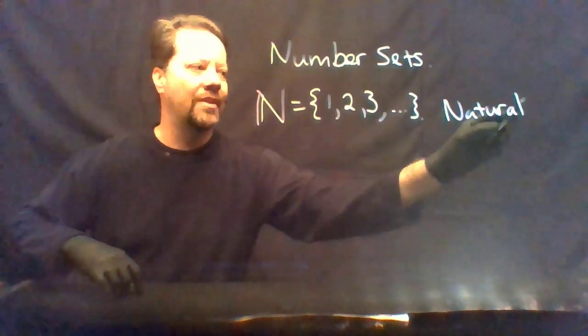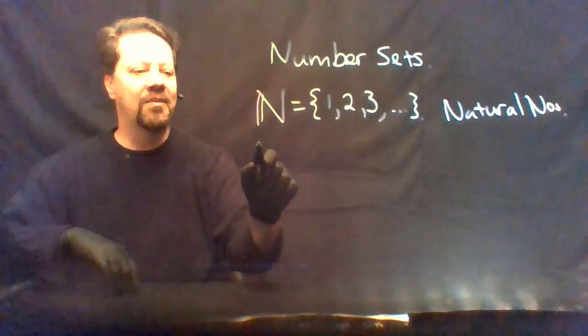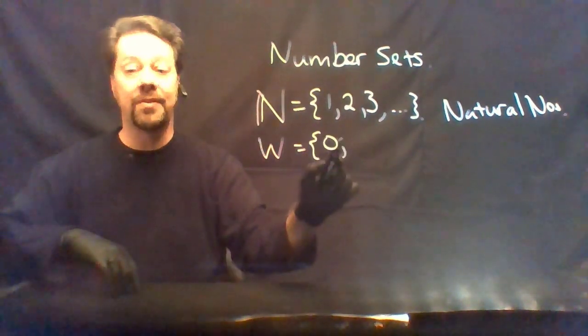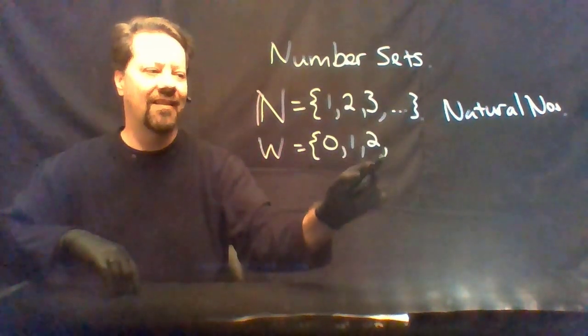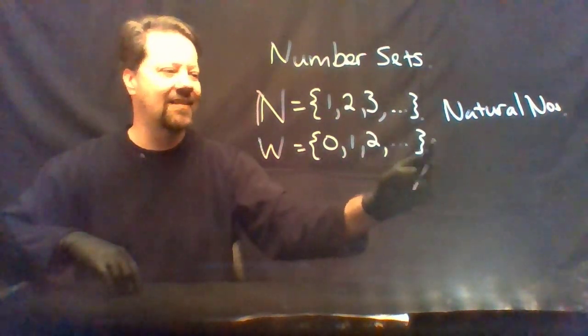These are the natural numbers. Then we have something called the whole numbers. This includes 0. The invention of the notion of 0 was a big milestone in mathematics.